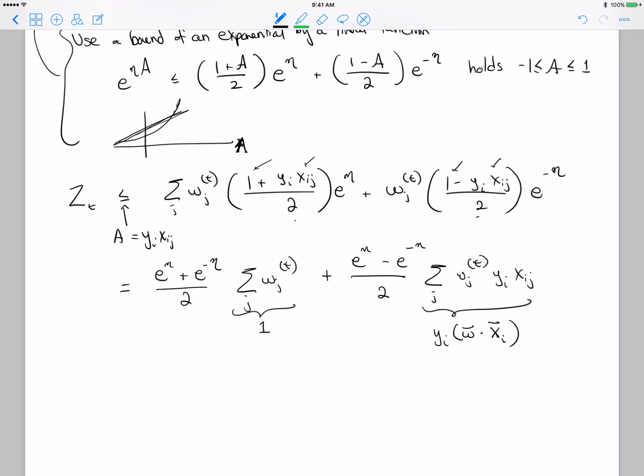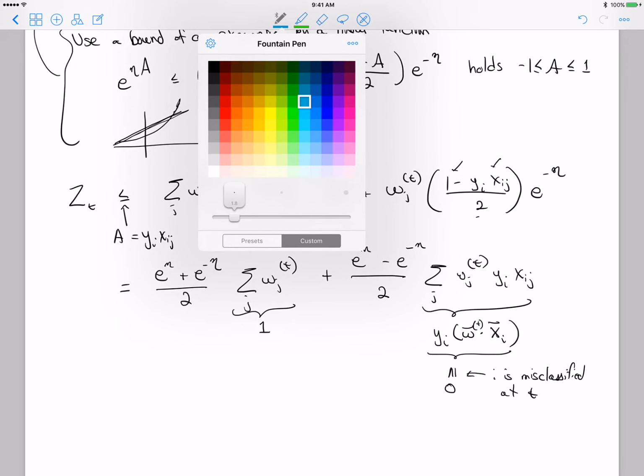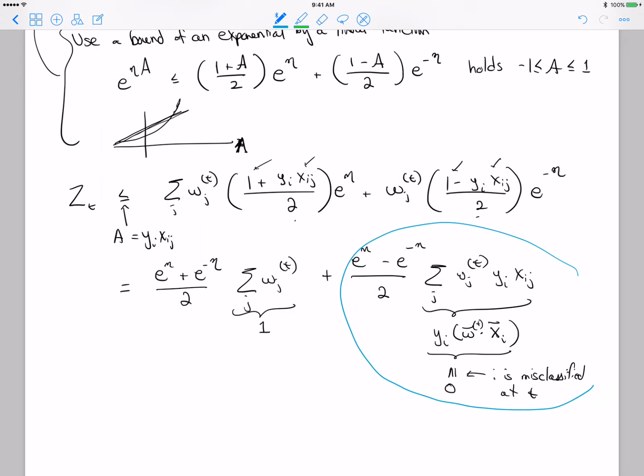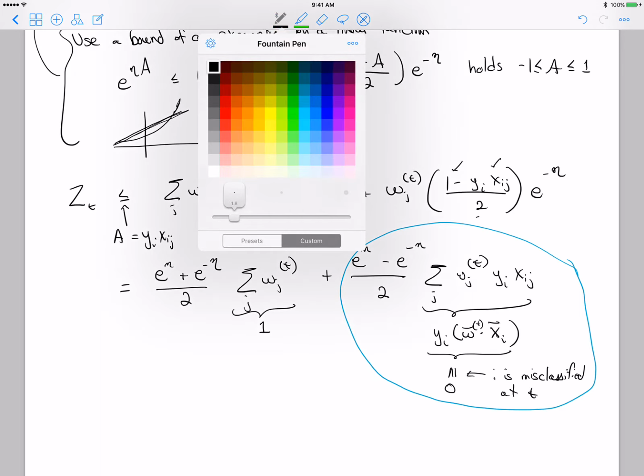Well, Winnow chose observation i at time t because it was misclassified at that time. So its margin is negative. Okay, so i is misclassified. That's why it was chosen at time t. Great. So this whole thing right here is negative. And then the rest of it will stick around.